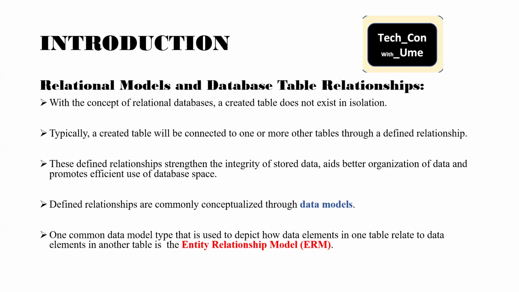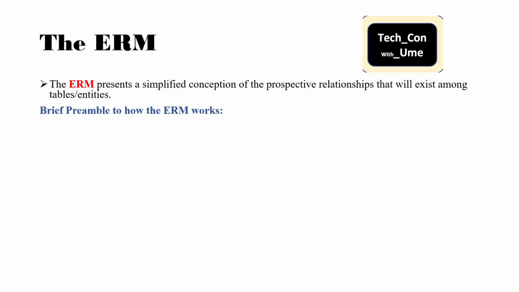And one common data model type that is used to depict how data elements in one table relate to data elements in another table is the entity relationship model. Now, our entity relationship model presents a simplified conception of the prospective relationships that will exist among tables or entities.